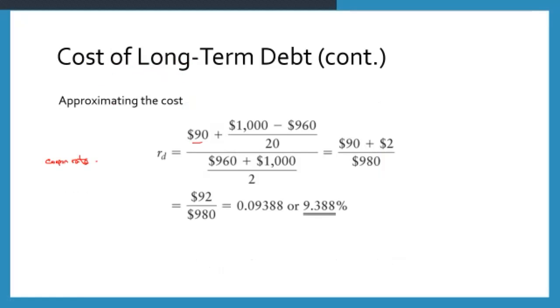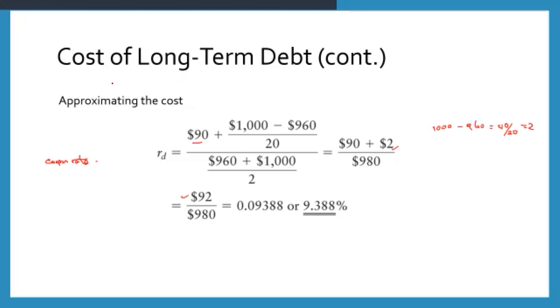Right, so we get $2 there. 1,000 minus 960 is equal to 40, divided by 20 equals 2. So 90 plus 2 gives us 92. So we have the numerator.